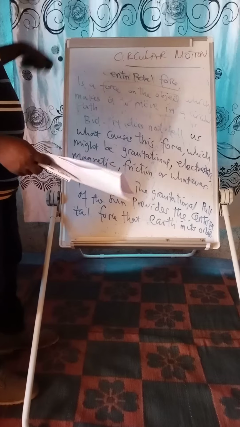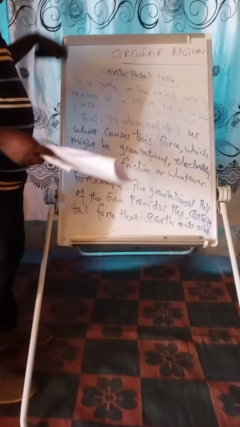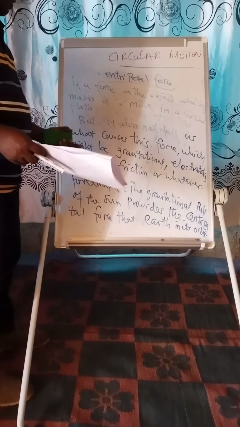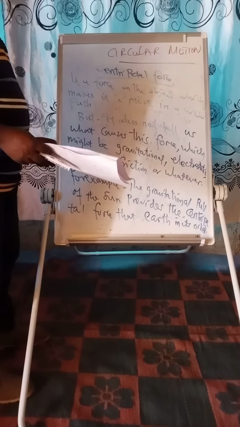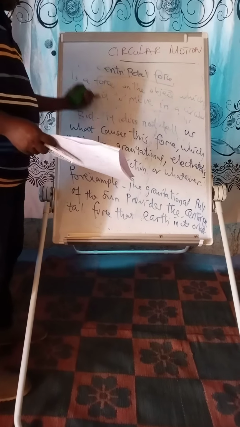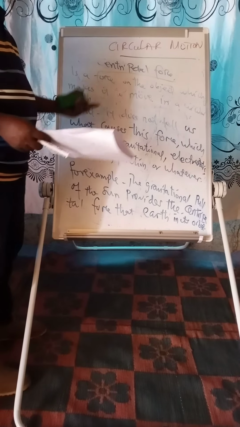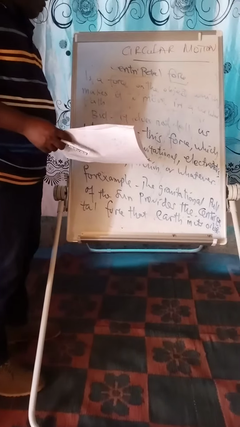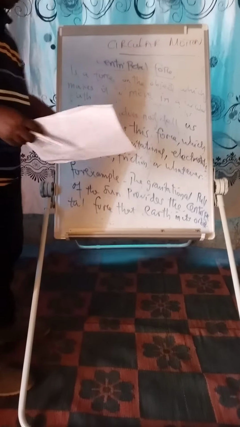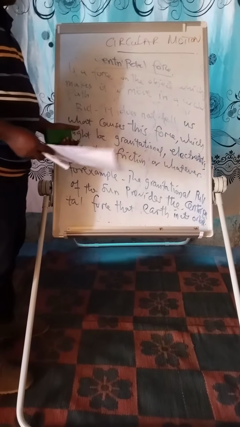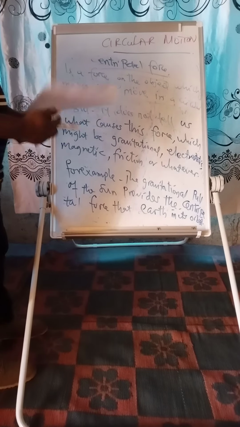So for the Earth to move in its orbit, its centripetal force is caused by gravitational force. And for a car making a corner, centripetal force is caused by frictional force. So that's why I say this centripetal force can be caused by gravitational, electrostatic, magnetic, friction, or whatever. So it depends.